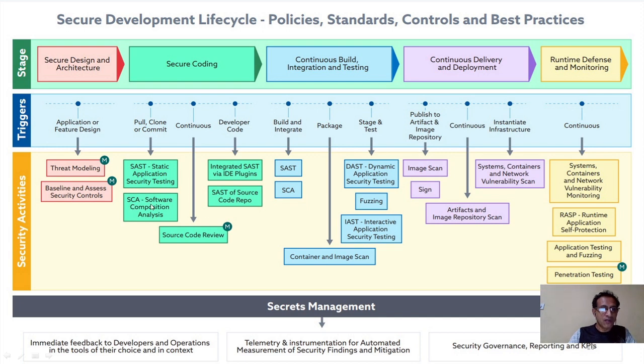And of course software composition analysis on the pull request or commit to identify if there are any vulnerabilities in a particular secure coding segment. Until that is clear, we do not move forward to the next steps. That is the characteristic of these development cycles. That is why our expectations are here.